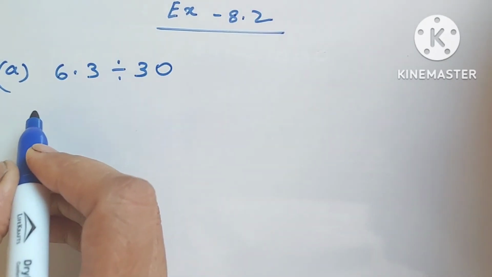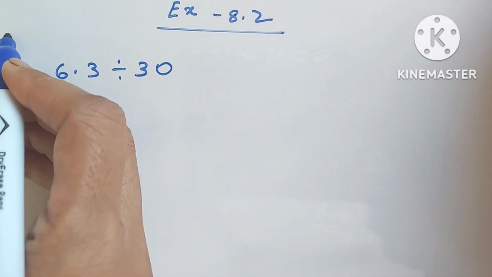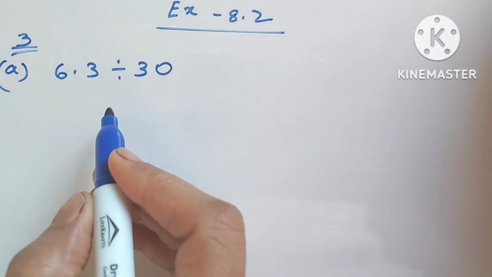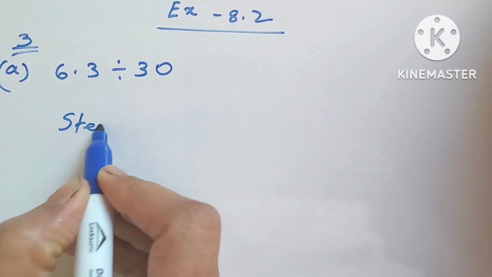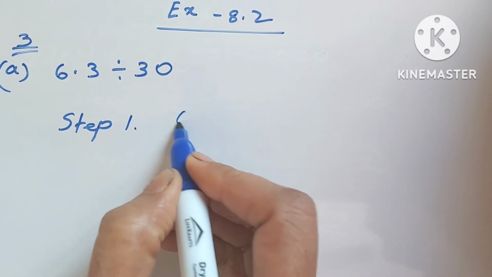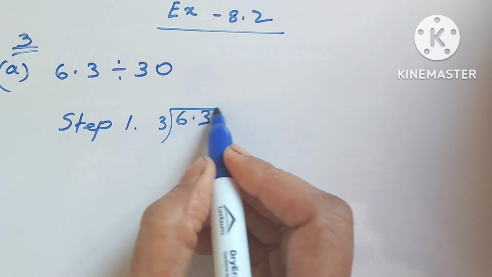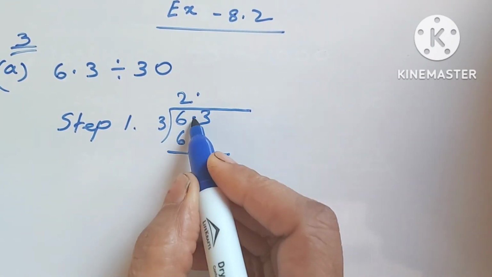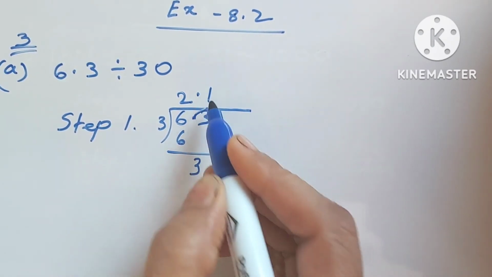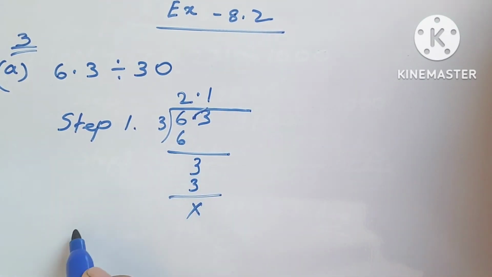Now next. 6.3 divided by 30. We can divide this in 2 steps. Step 1. 6.3 divided by 3, that is 3 2 is 6, decimal, so 3 1 is 3, answer 2.1.